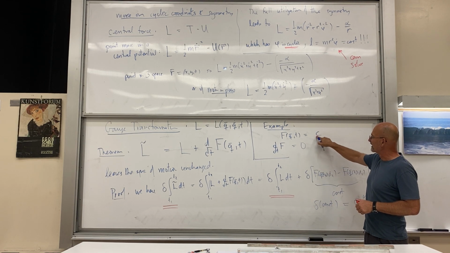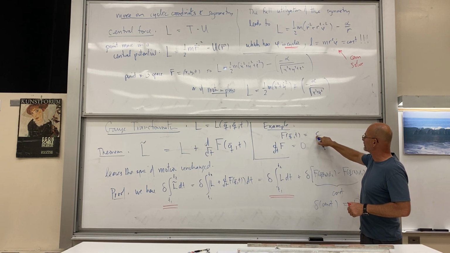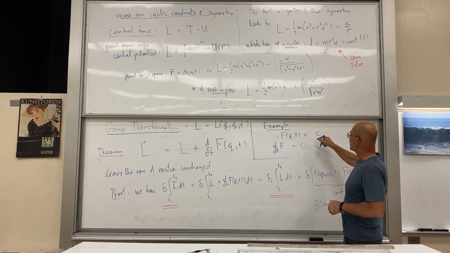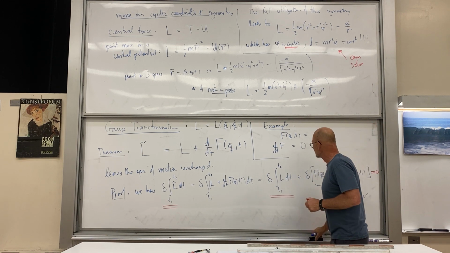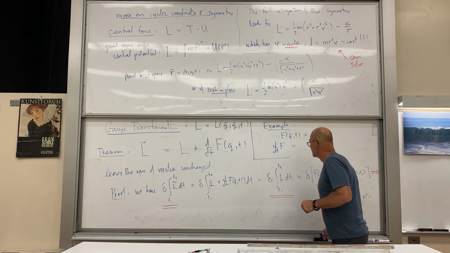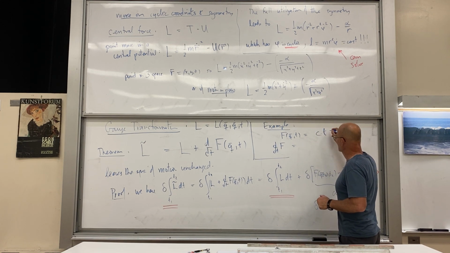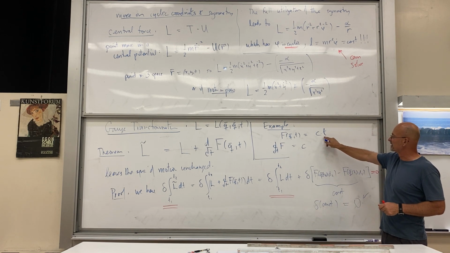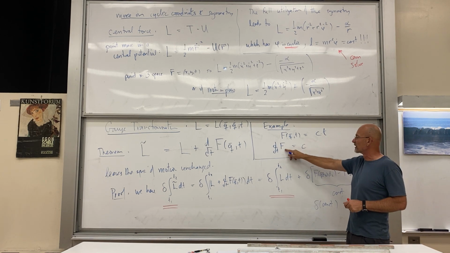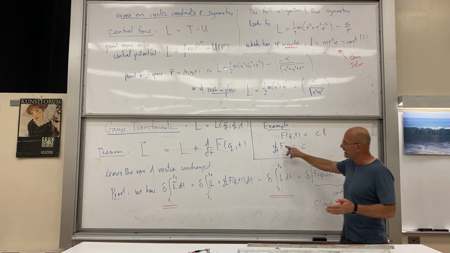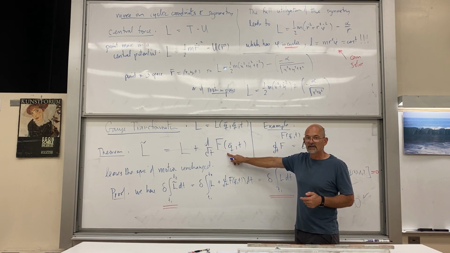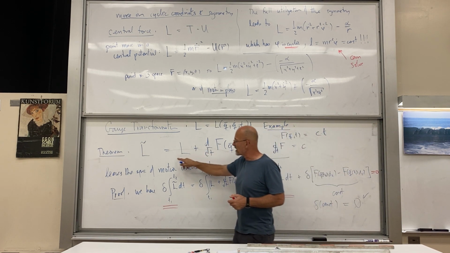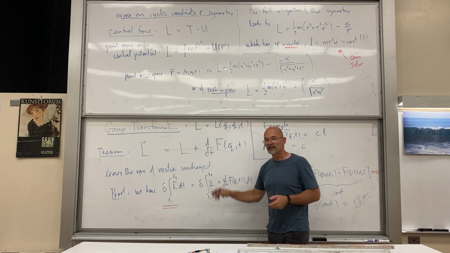Here adding a constant. Oh, not so fast. This was c times t, and that was c. Okay. So arbitrary constant times time, its complete time derivative is just a constant. We can certainly add a constant to the Lagrangian because it'll be differentiated away.